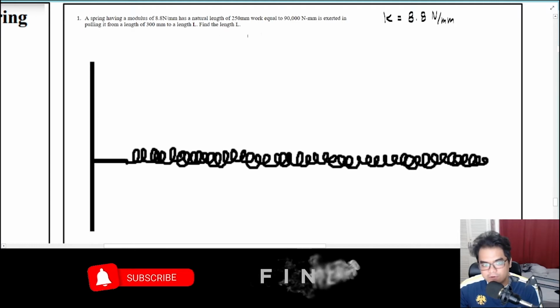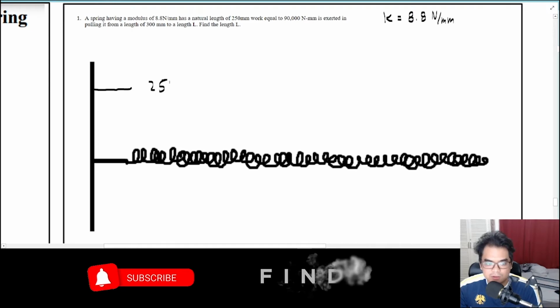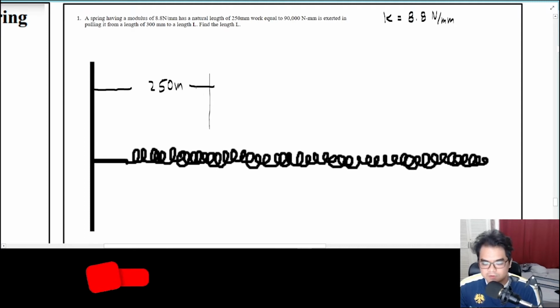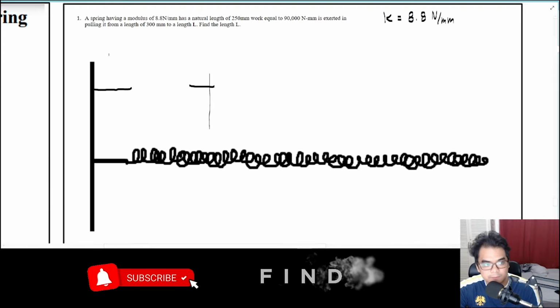Okay, so we have a couple of things here. First, we have the natural length, 250 millimeter. Let's say this is 250 millimeter, the natural length of the spring.